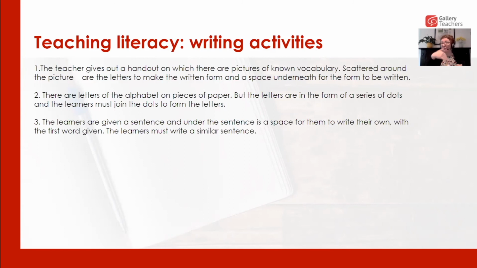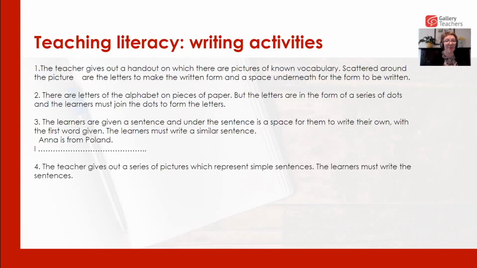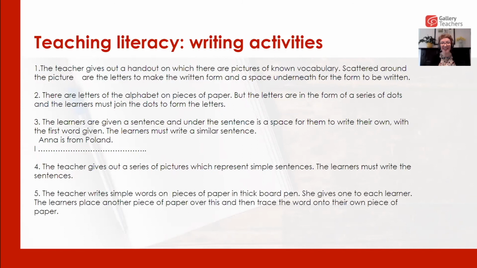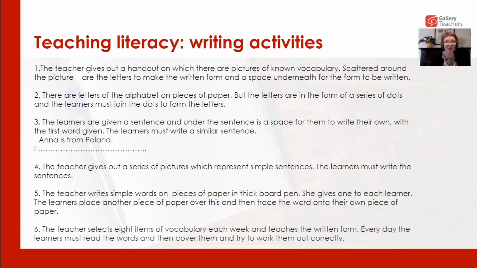Again, students can be given a picture with a sentence, then they can write a sentence that's true for them. So for example, Anna is from Poland, and see if they can write the full sentence. Giving pictures and asking people to write their sentences, asking people to write over words, to trace over some of the words that you've written as well.